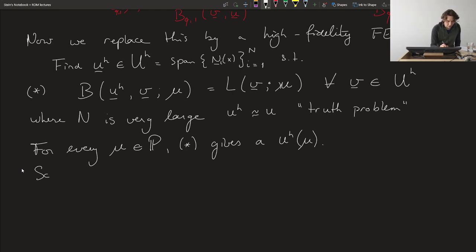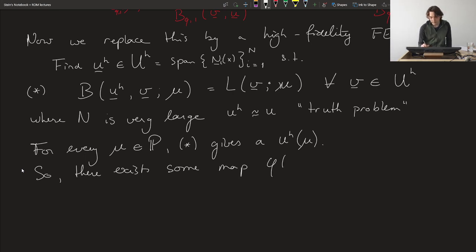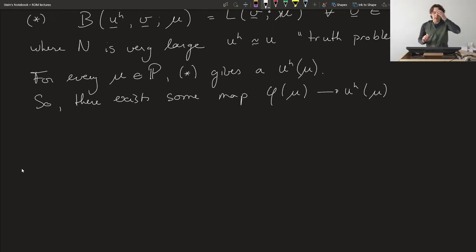Now that means there exists some map, which I'll call phi, that takes a parameter point and gives us the solution. I'm abusing notation a little bit, but I'll stick with this. Okay, so we're back to the nomenclature of mappings. That was the second lecture.